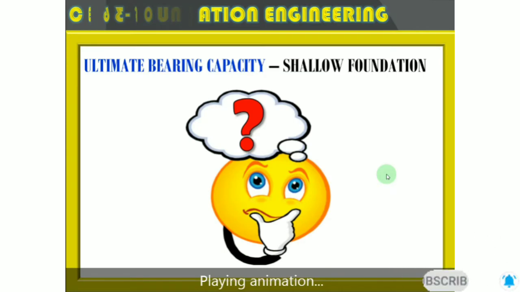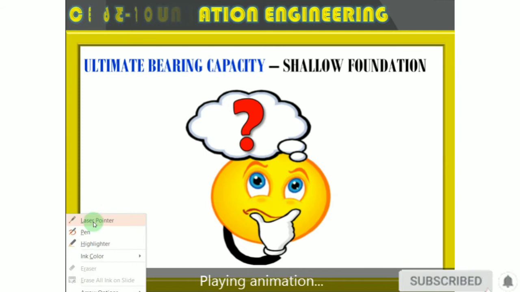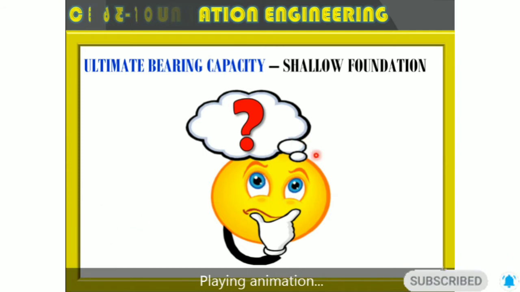I am your instructor of the subject Foundation Engineering, and today we are going to discuss the ultimate bearing capacity of shallow foundations. Before we proceed, I will give you a sort of overview or introduction of this topic, considering shallow foundations.